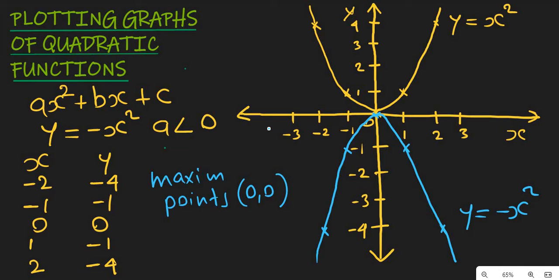When the x value increases from the minus side, the corresponding y value decreases. So those are some of the properties related to the y equals minus x squared function. We see when the coefficient of x squared is positive, we get a minimum point, like in the case of the y equals x squared function. But when the coefficient of x squared is negative, we get a maximum point, and the coordinates of the minimum and maximum points are 0, 0.